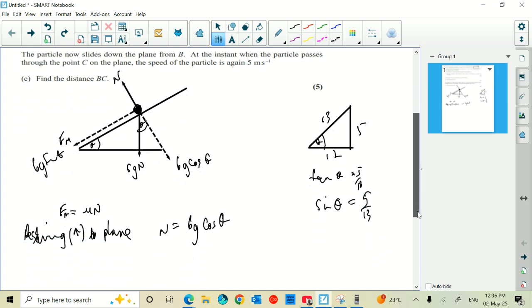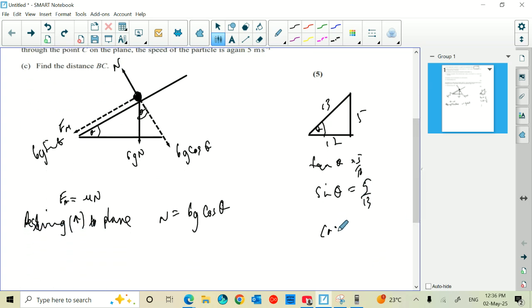And therefore cos theta must be equal to adjacent over hypotenuse, which is 12/13.